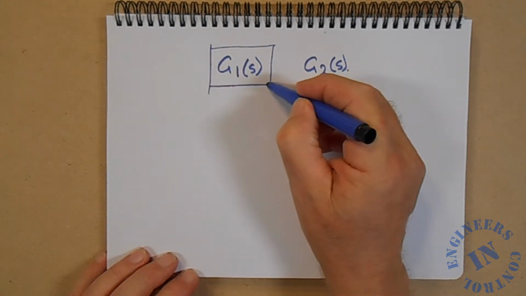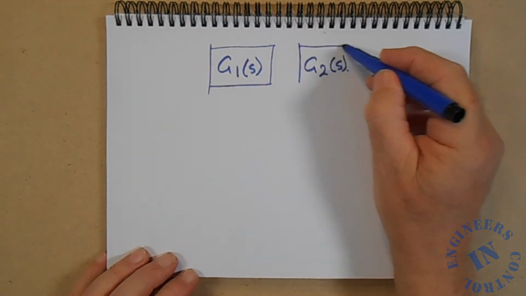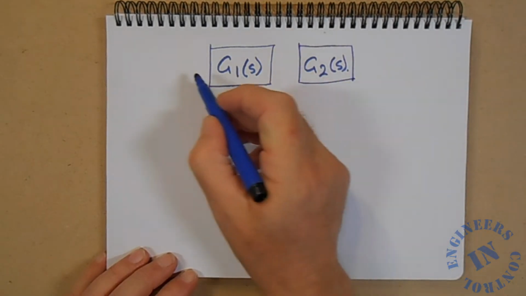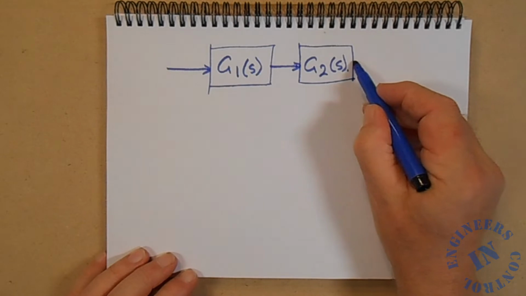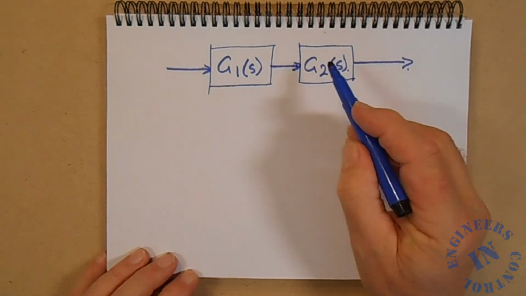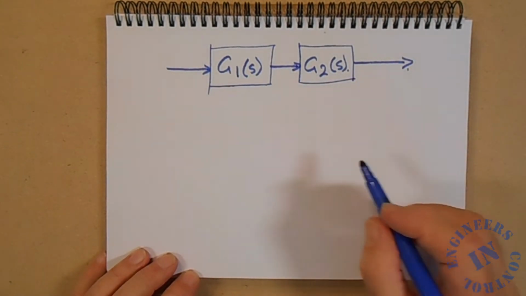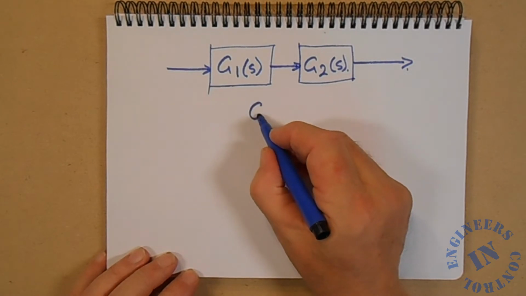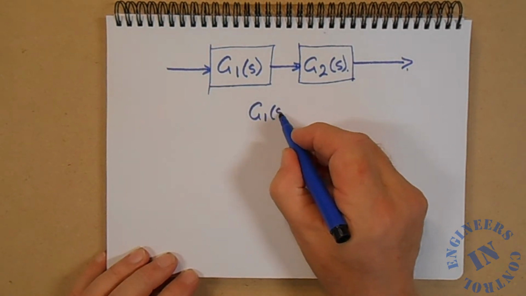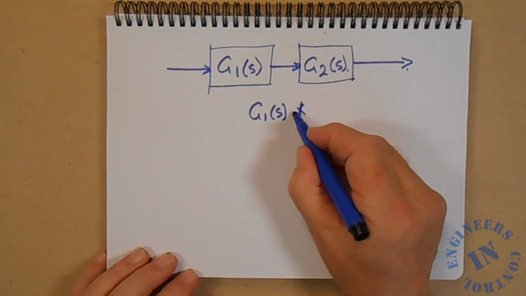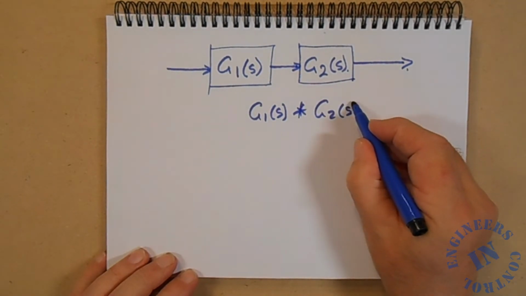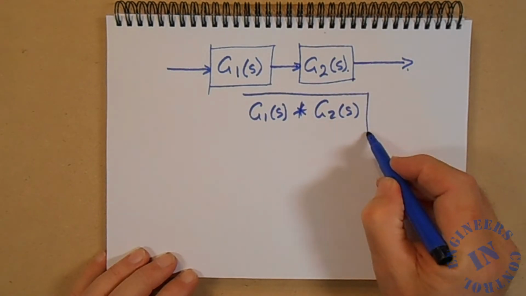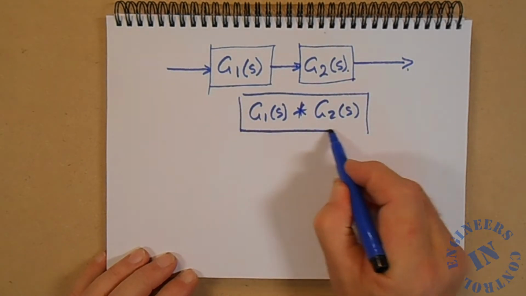I'll put them in blocks like that, and they're operating in series. So what we're doing is actually multiplying these two together, and we get G1 of S multiplied by G2 of S. And we can put that in the block like that.